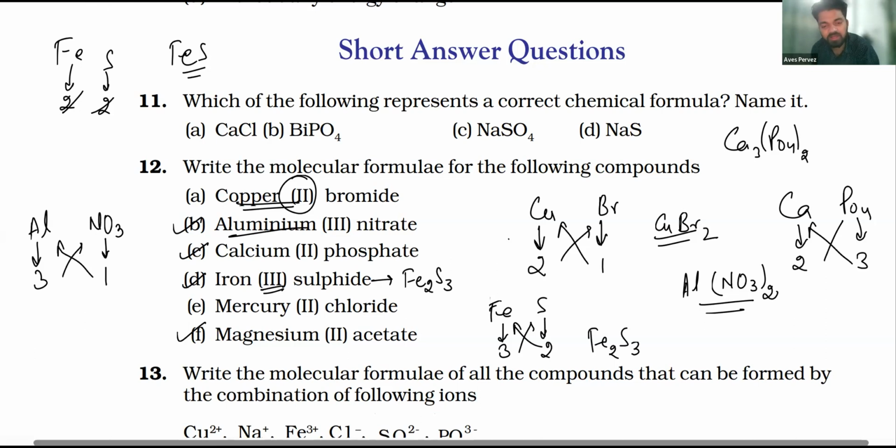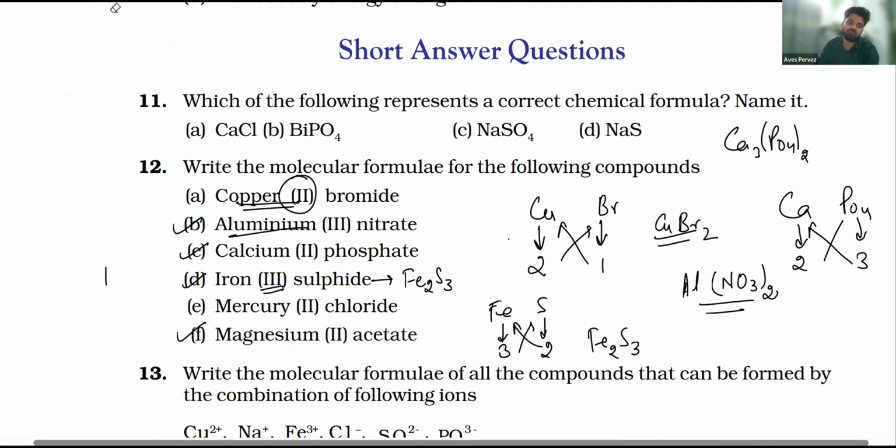Next, mercury chloride. Here it is written that mercury is going to have 2 valency. What is the formula for mercury? Hg. Yes, Hg. Note it down.